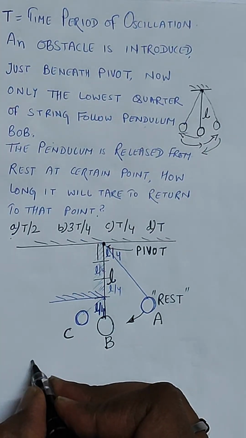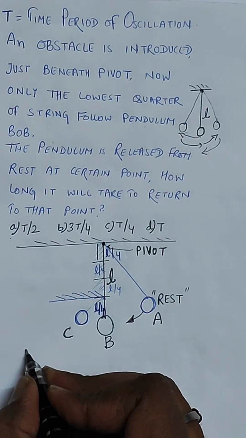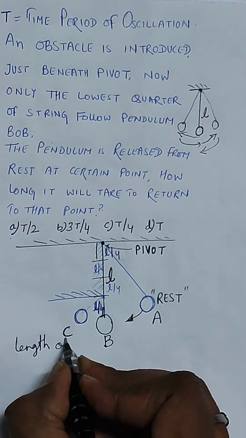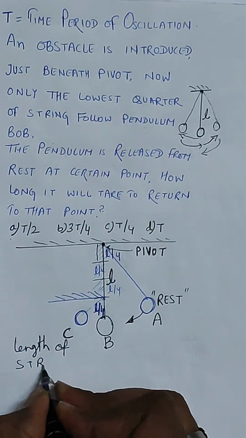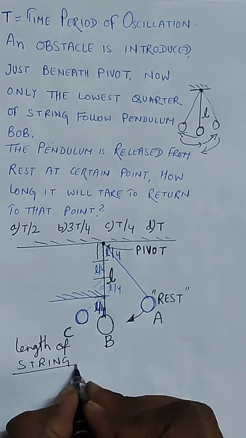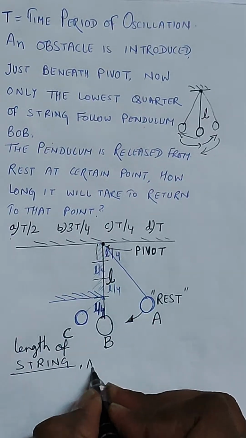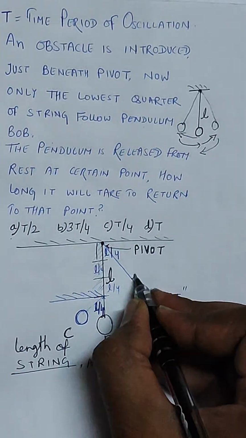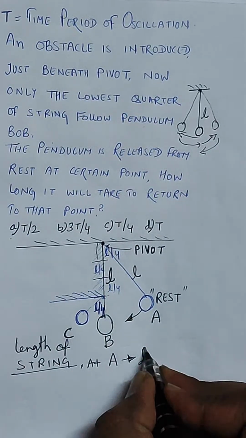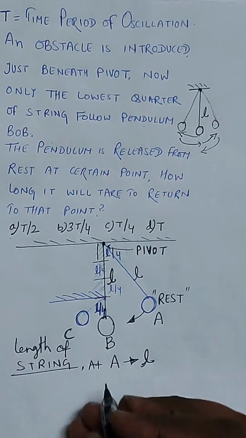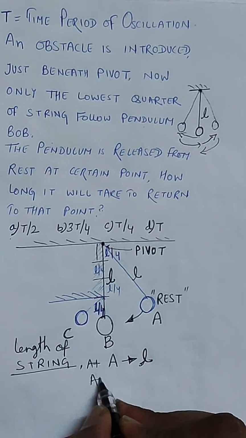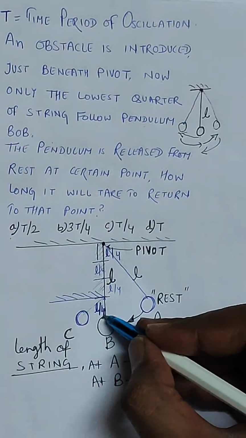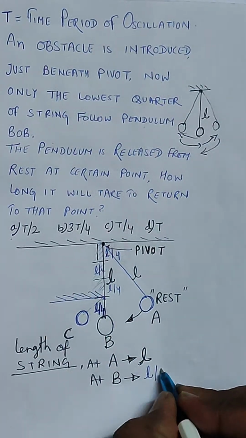The length of the string at A for this pendulum is the entire length L. And at B the length of the string will be only L by 4. Why?